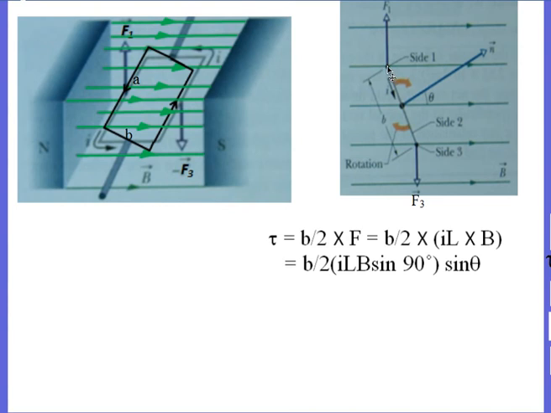It's a wire coming straight towards us. So it's perpendicular to the magnetic field and will always be perpendicular. So this cross product gets us a sine 90. ILB sine 90 comes out of that cross product, and sine 90 is of course 1.